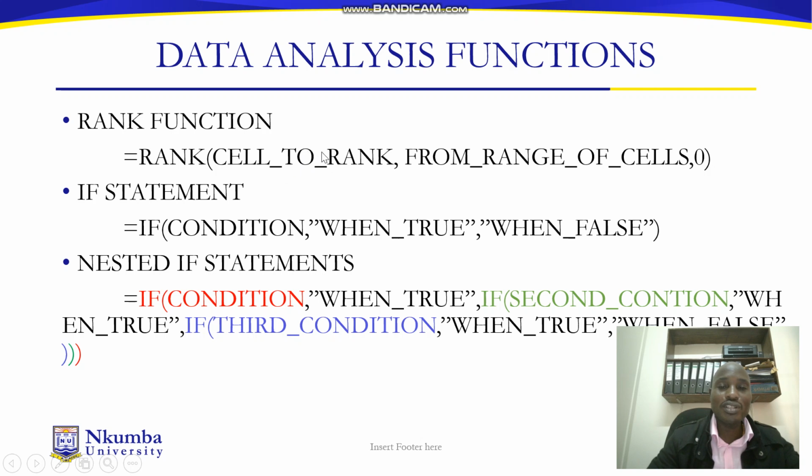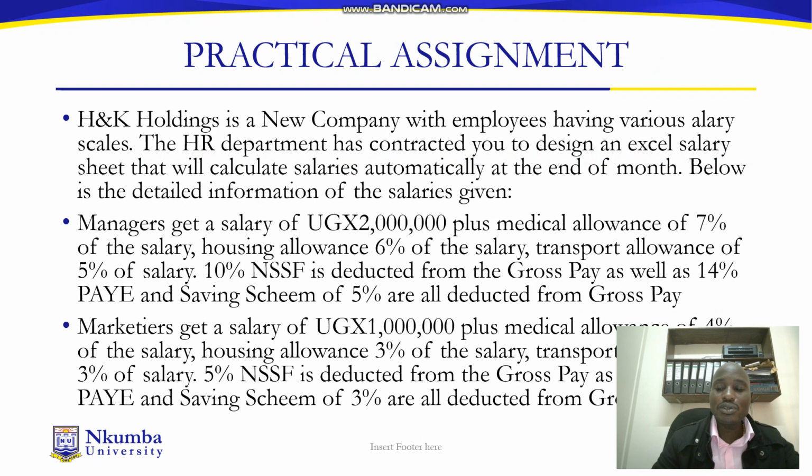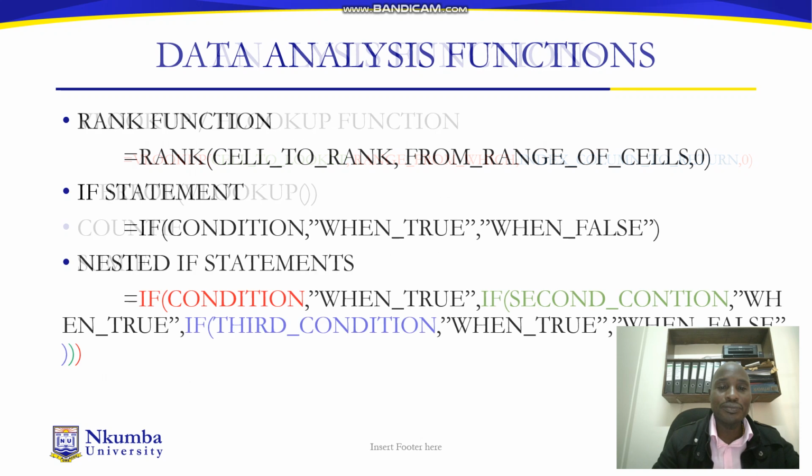Normally we use the cell reference from the range you want to rank. Then we can put 0 to mean exact match. Remember, the range has to be an absolute reference because it will not change, and the cell to rank is a relative reference. So this is a combination of relative and absolute together, making a mixed reference. So the RANK function uses a mixed reference.